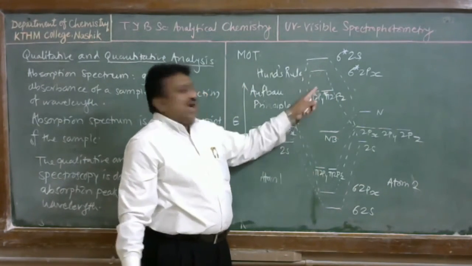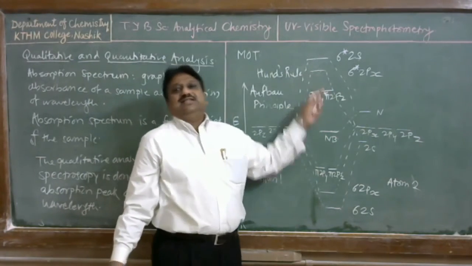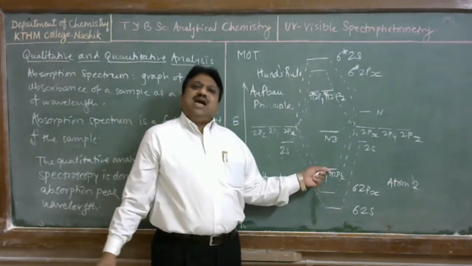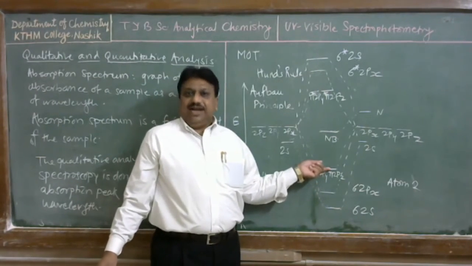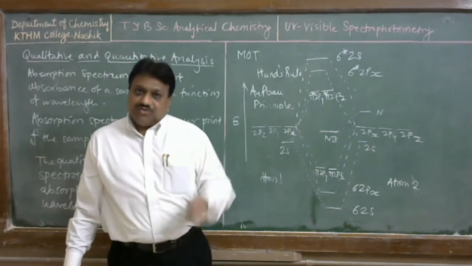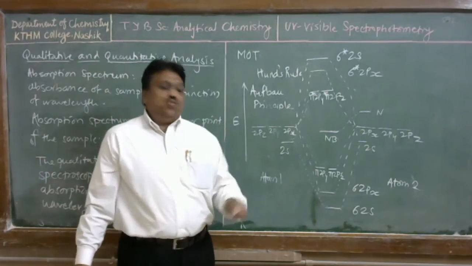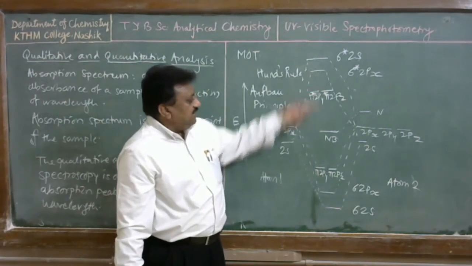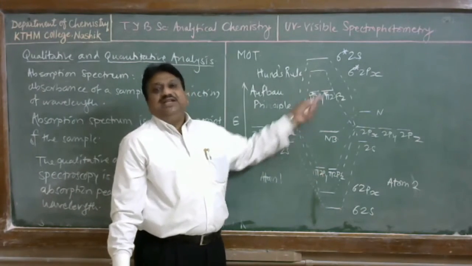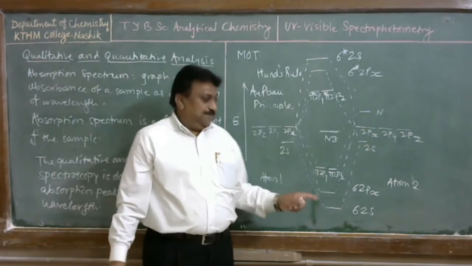Then pi to pi star requires less energy, and non-bonding to pi star requires minimum energy. All these different forms of energy are absorbed from the electromagnetic radiation. That means those electromagnetic radiations are absorbed by the sample which provide photons whose energy is equal to the energy gap between these levels, which is required for the electronic transition. Only those radiations are absorbed by the sample.